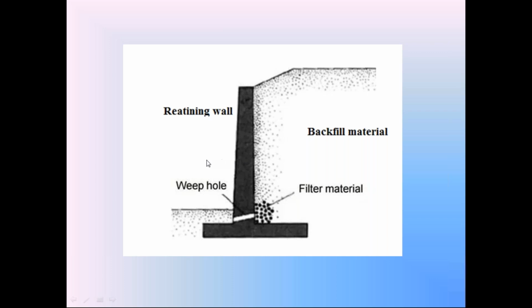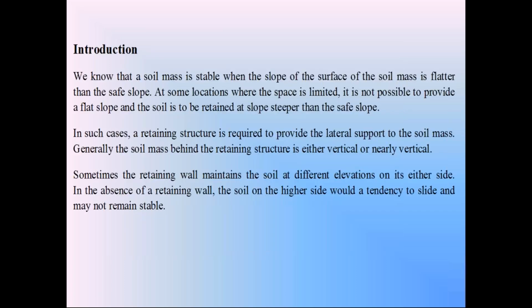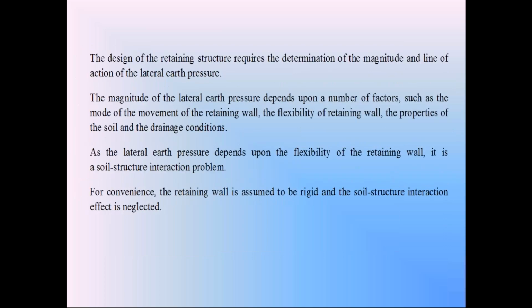That movement of the retaining wall will affect the horizontal earth pressure on the back side and also on the front side. Because of the movement of the retaining wall, the earth pressure acting on the retaining wall will be affected. That is the first factor. So the magnitude of horizontal earth pressure acting on the retaining wall depends on the movement of the retaining wall.